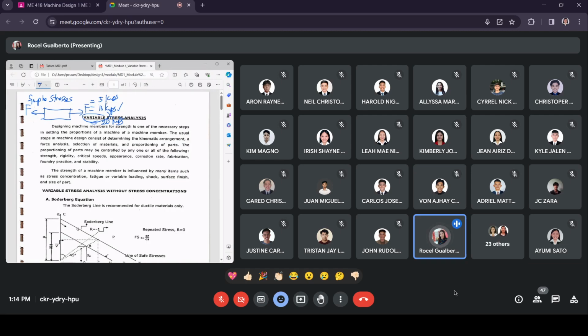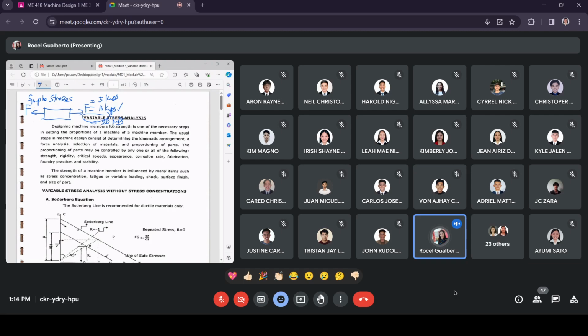There are several forces that you apply to the member, so the load varies. Where will you base your design? Will it be on the minimum, the maximum, the average value? You really do not know. That is why it is more complicated to design for variable stress than for simple stress.